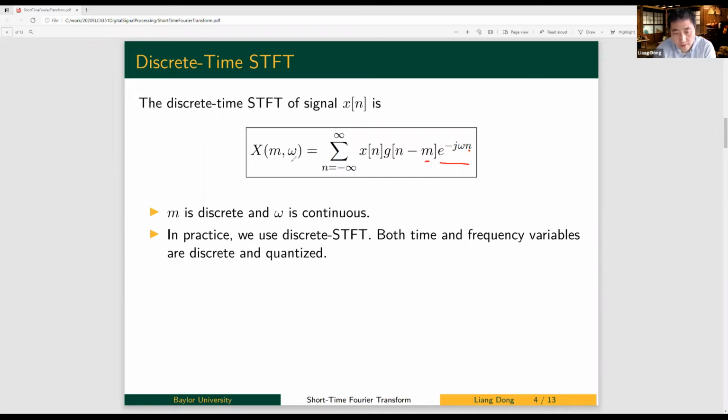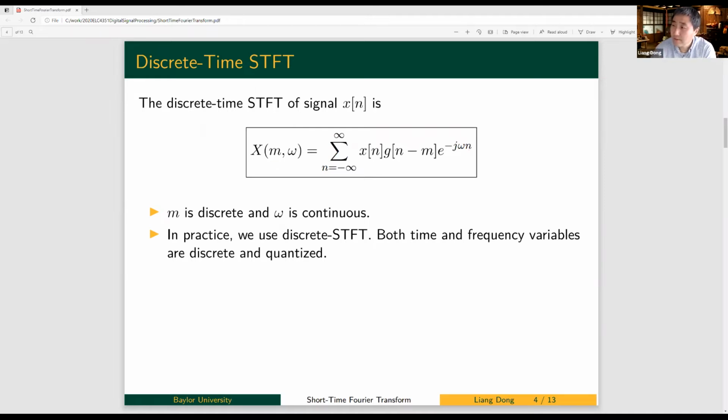Omega is the frequency. In practice, we use the discrete short-time Fourier transform. In practice, we actually use discretized variables for both time and frequency. Also in practice, the entire value will be quantized, right? So everything is discretized. We have m and k. This is my variable. So m is the time shift, and k is the discrete index of frequencies.